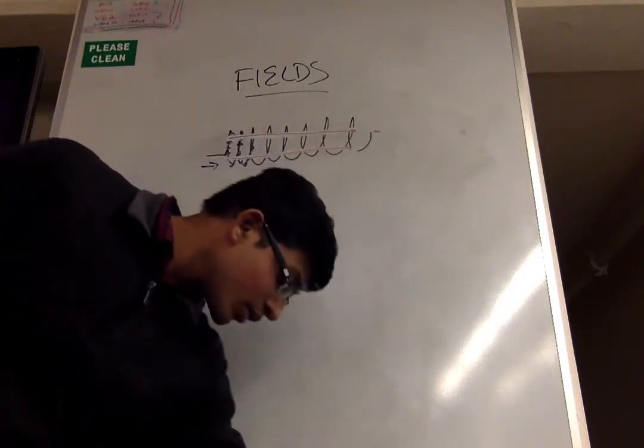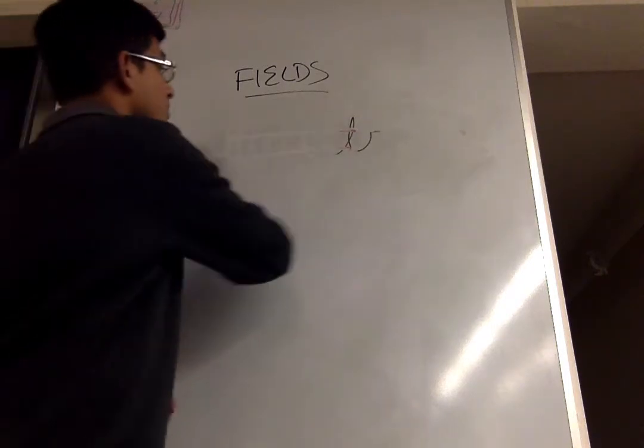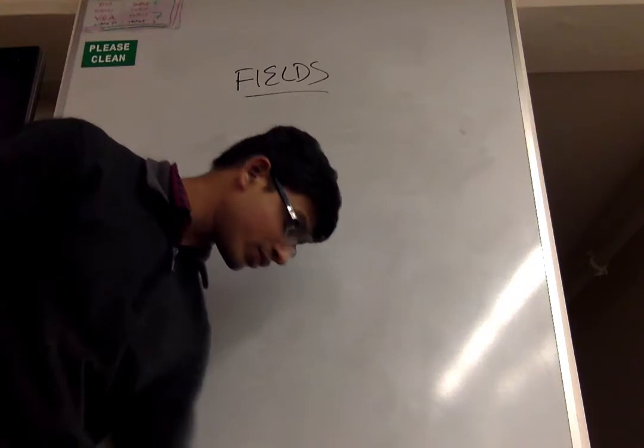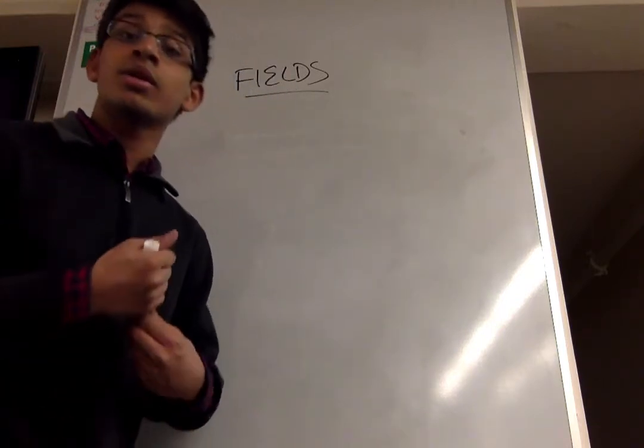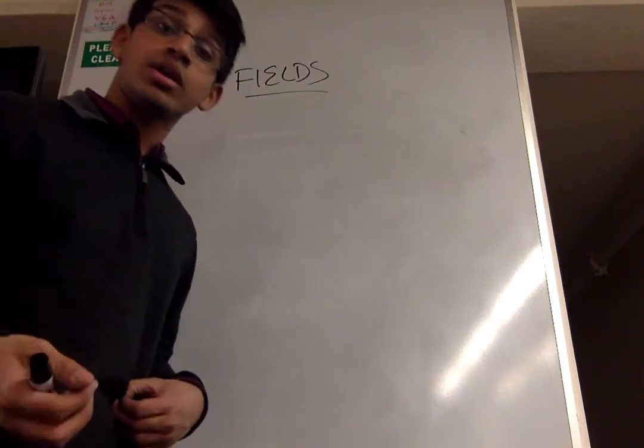And for concluding this video, I will just go through some practice problems in finding the force exerted on a charged particle, be it moving or singular, or a current, due to a magnetic field.